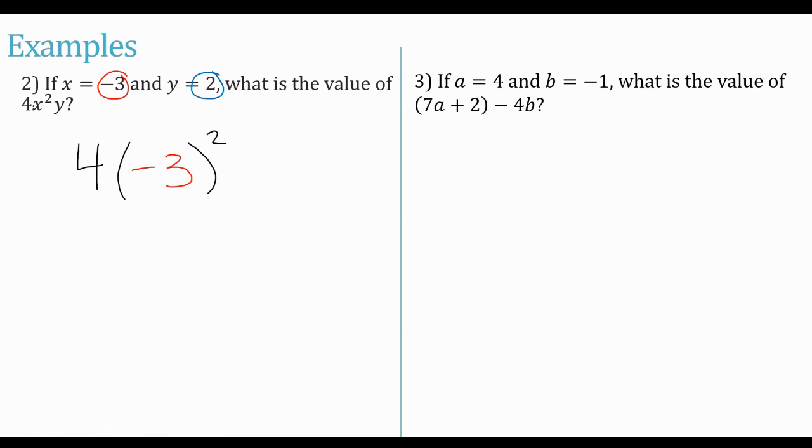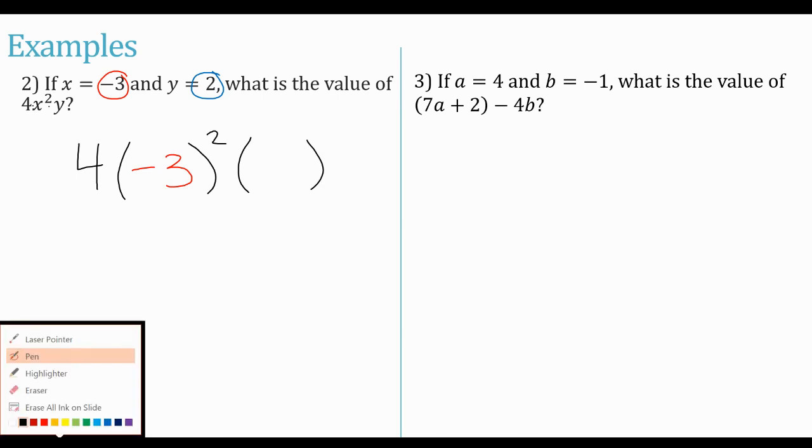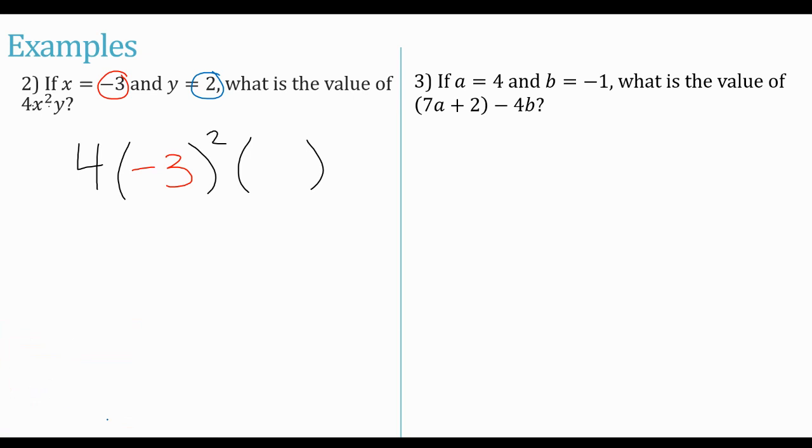So remember, there's little invisible multiplication symbols in here. So I'm going to use parentheses to represent that. So that means times y, which we know is 2. Okay, so all I did was take this negative 3, substitute in for x, take this 2, substitute in for y. So now let's use that order of operations.